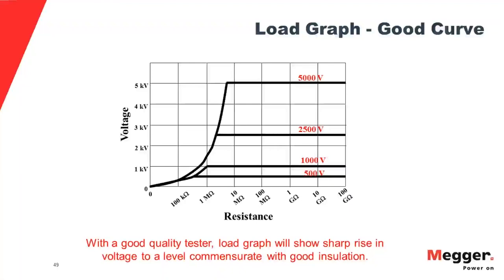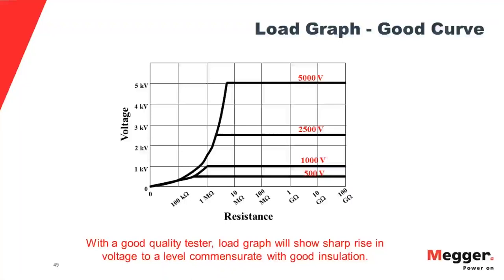So you note this is a good load graph. It shows you, for instance, that at 5,000 volts, by the time you're up to about 5 kV, which would be the minimum acceptable insulation resistance for a 5,000 volt circuit, you're getting 5,000 volts out of your tester.